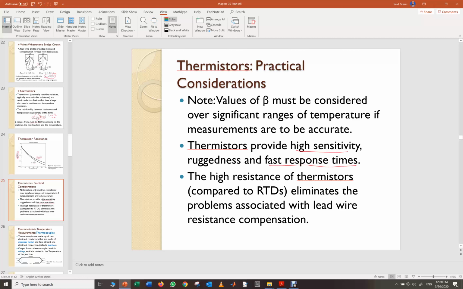So in the thermistor we have high resistance, and the resistance in the wire doesn't affect the reading of the resistance in the thermistor. So we don't need any resistance compensation.